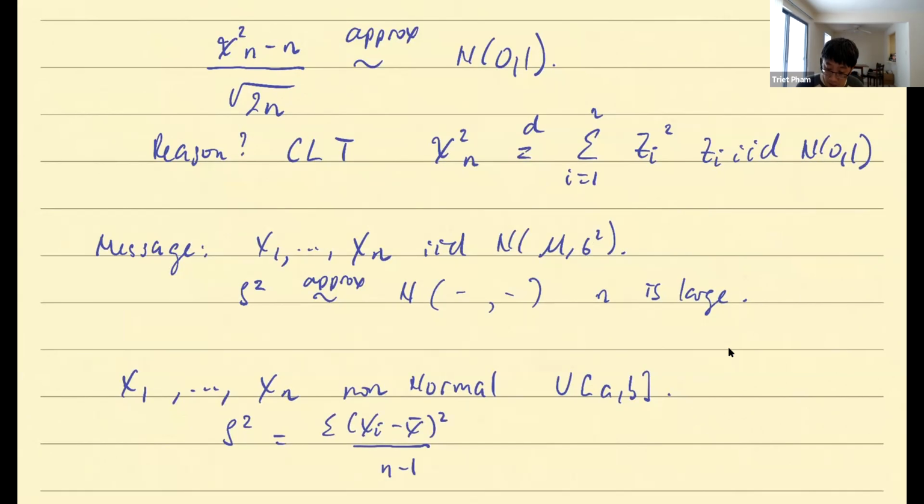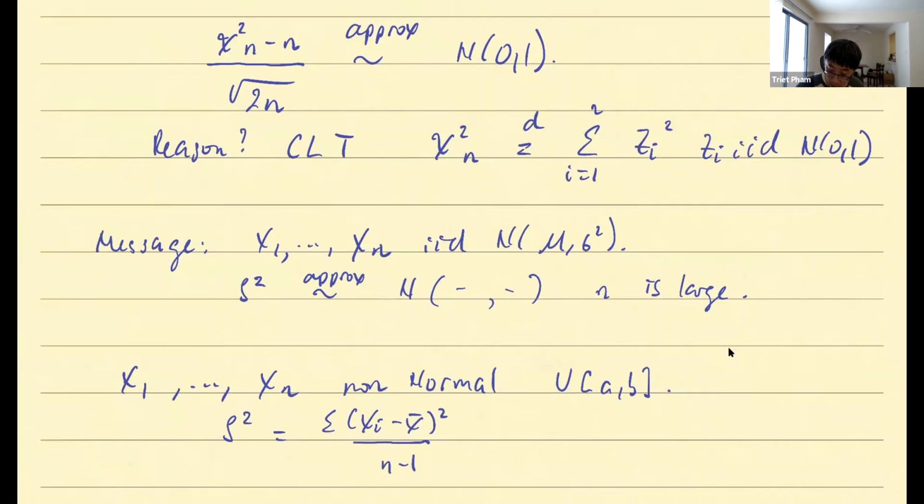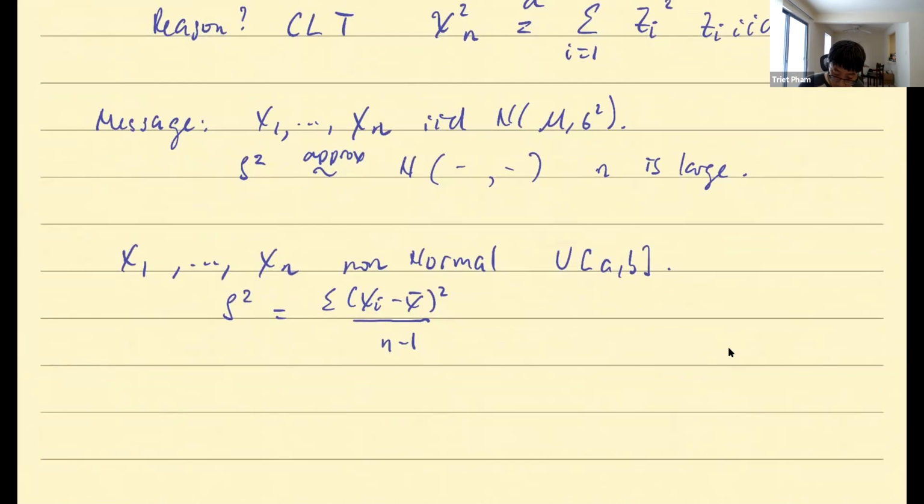And like I said, (n-1)s² over sigma squared does not have a chi-square distribution because it's not normal. So here, if you want to say something easy, then you must use asymptotics.